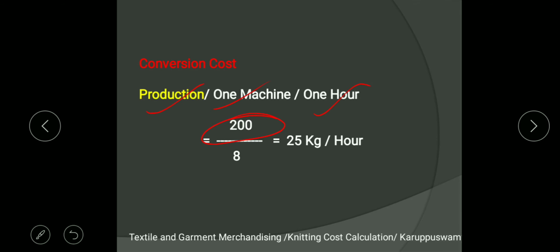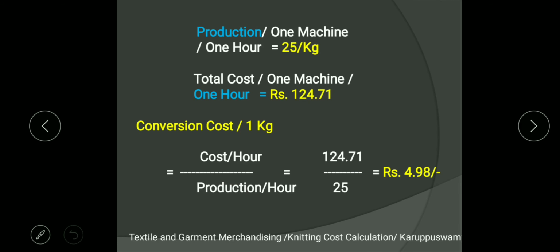So when you divide 200 by 8, so 8 means number of hours. So for one shift you will have 8 hours. So for 8 hours the production will be around 200 kg. When you divide that by 8, you will get the targeted production for 1 hour. So that is 25 kg per hour per machine. So from one machine you will get 25 kg of output if you are running the machine at 100% efficiency.